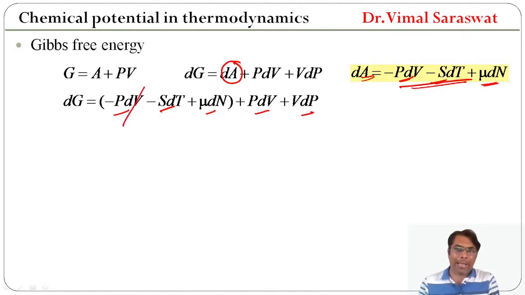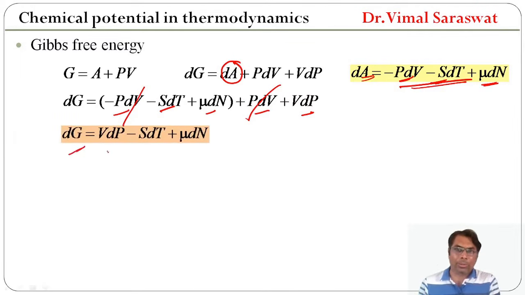Now P dV and P dV will be cancelled out, so dG equals V dP minus S dT plus mu dN.